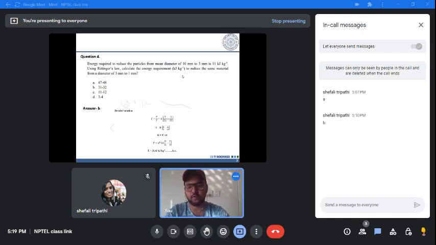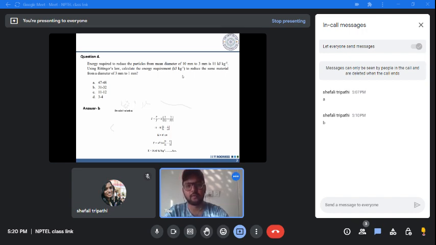Then the second case is to calculate the energy requirement for the same material. For the first material we got the constant, Rittinger's constant k, that is 47.14. So we can calculate the energy for the second treatment. That will be E equal to k, bracket 1 upon Xp minus 1 upon Xf.